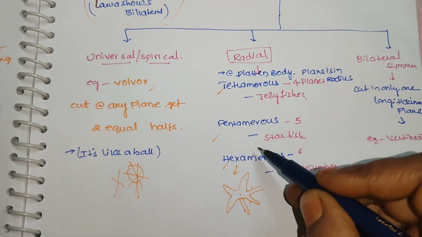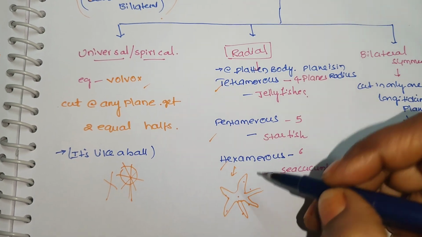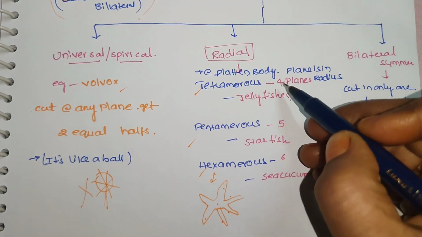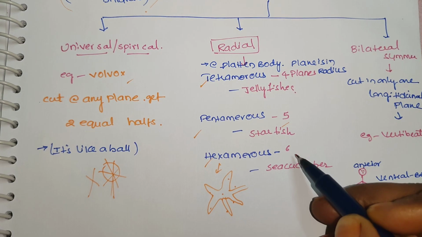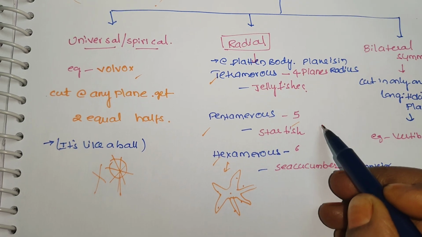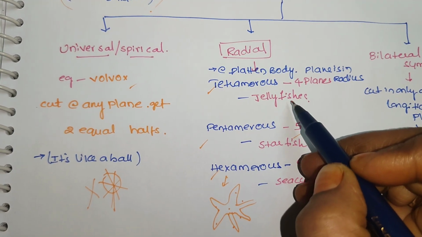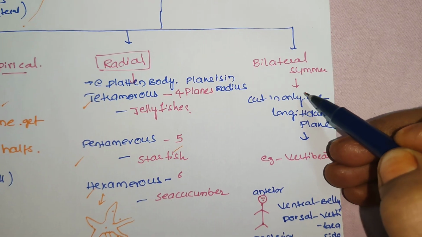It is based on the arms, based on the structure of the organization. Tetramerous means 4 planes, pentamerous 5, hexamerous 6. It is seen in the sea cucumber, starfish and jellyfishes. They show radial symmetry.